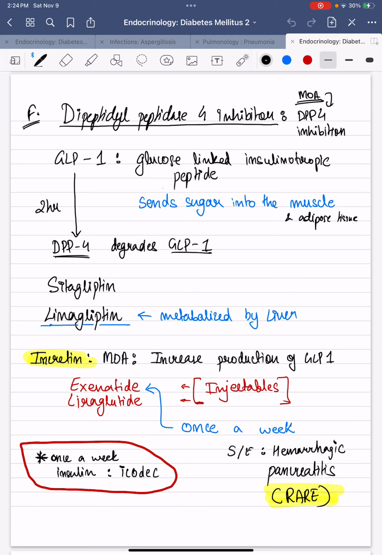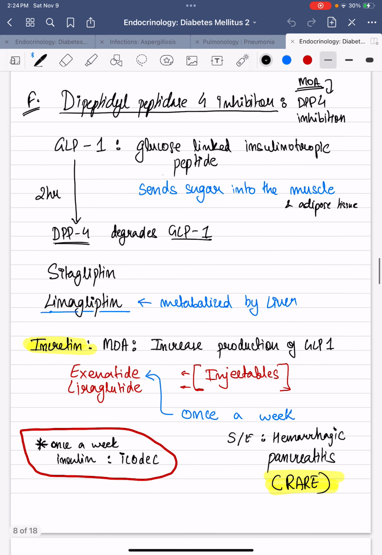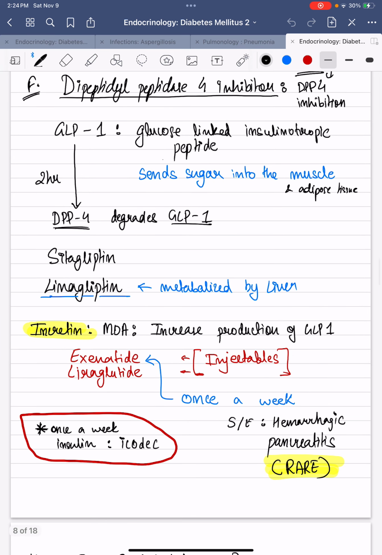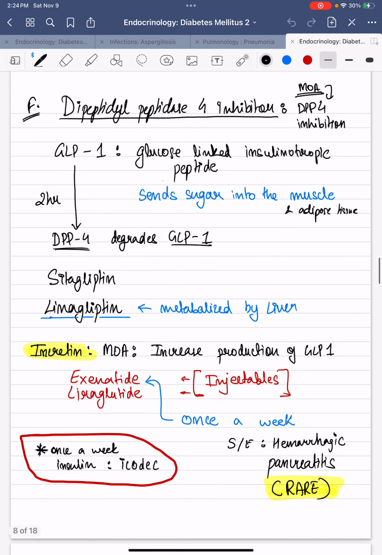The other drugs were also metabolized by the liver, but among DPP4 inhibitors, linagliptin is metabolized by the liver. And there's also sitagliptin. Actually, among these DPP4 inhibitors, sitagliptin in a clinical setting will be very common. Like if a diabetic patient is admitted, many a time he will be given a combination medication with the use of sitagliptin. So we can see why it is used.